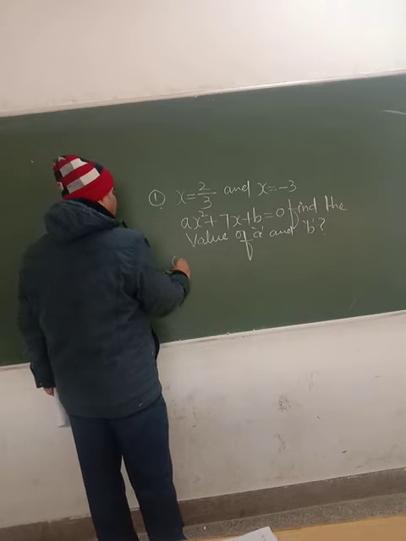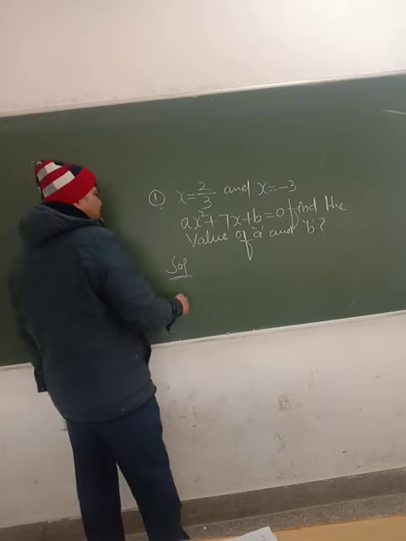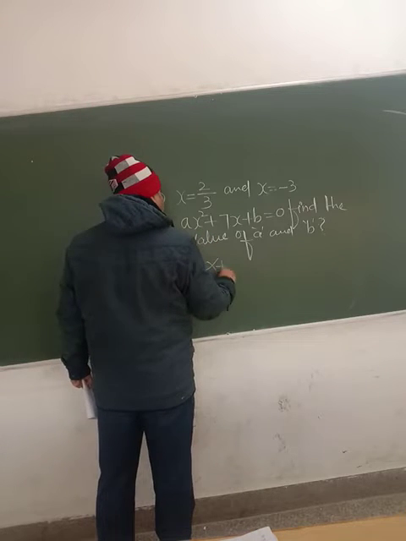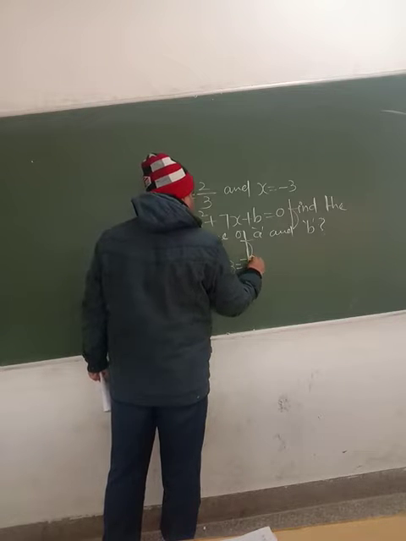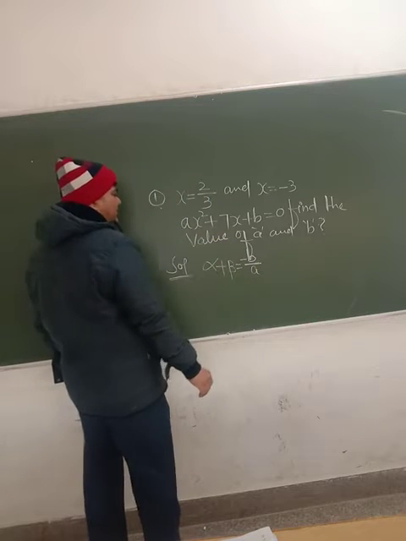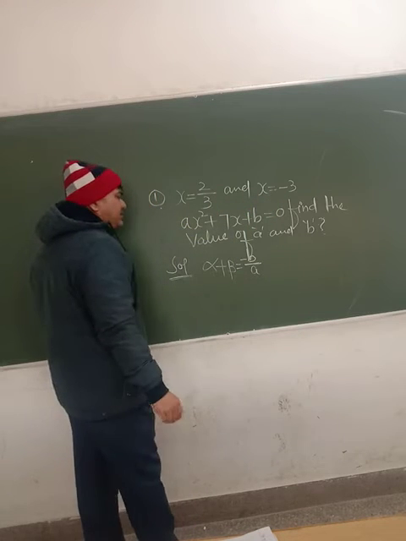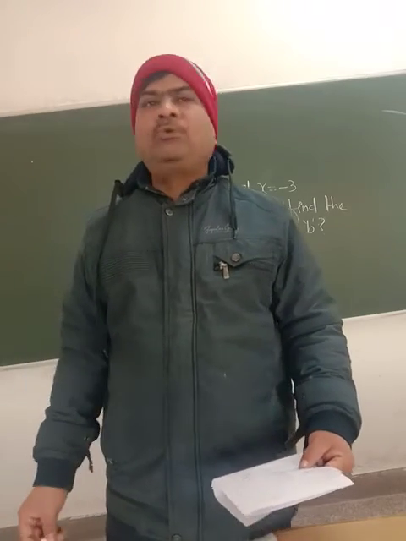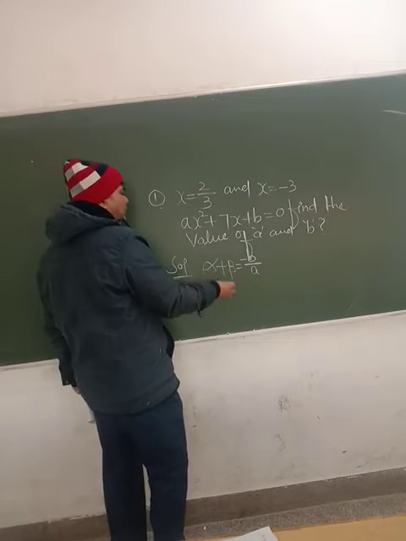The solution of this question will take within 30 or 45 seconds. As you know, the sum of roots alpha plus beta equal to minus b upon a. If you compare this equation to the standard equation, alpha and beta are given to you, these are the roots. The values of a and b are not given, but comparing to the standard form you will get them.